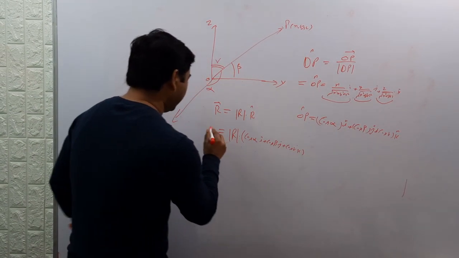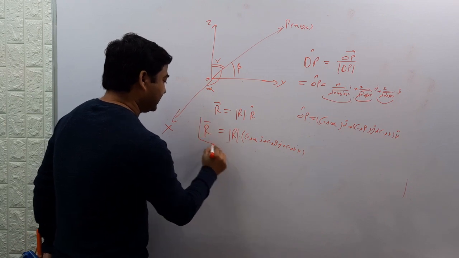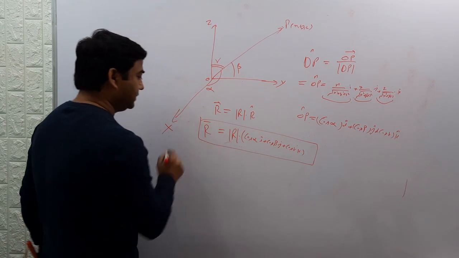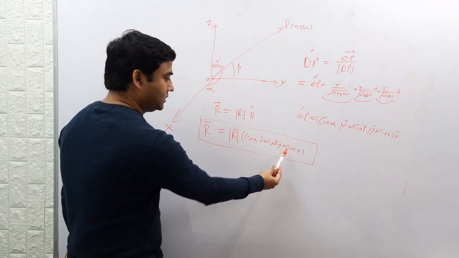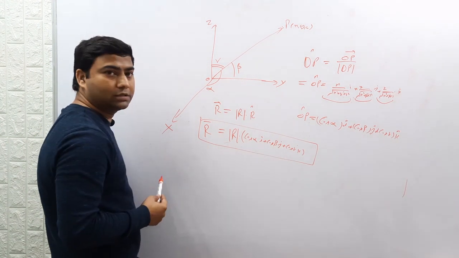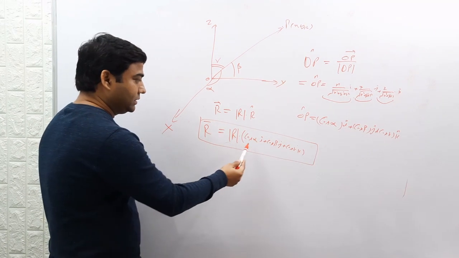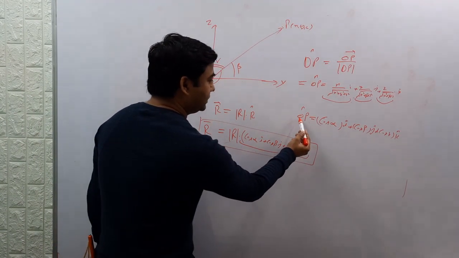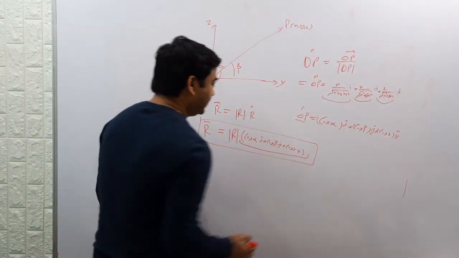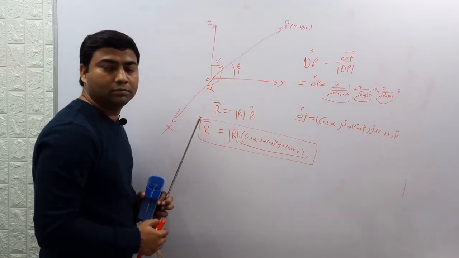So inversely, any vector can be represented in terms of its cosines and its modulus. And this is the unit vector in the direction of R.